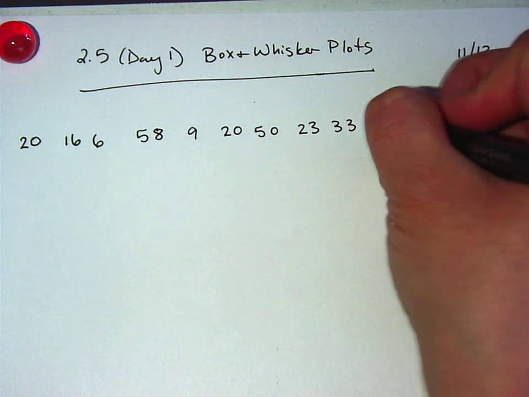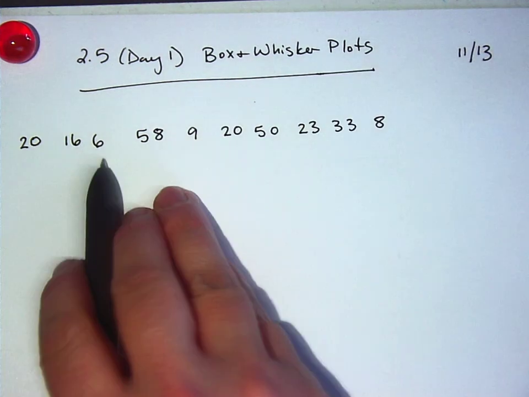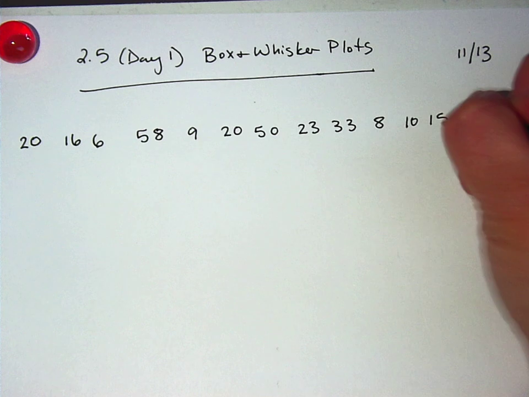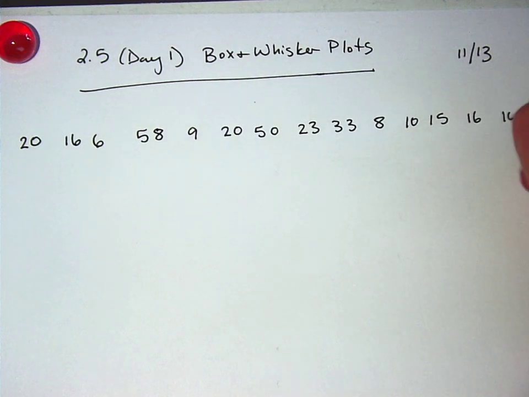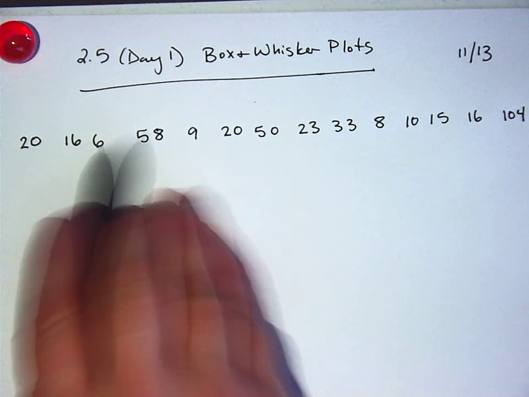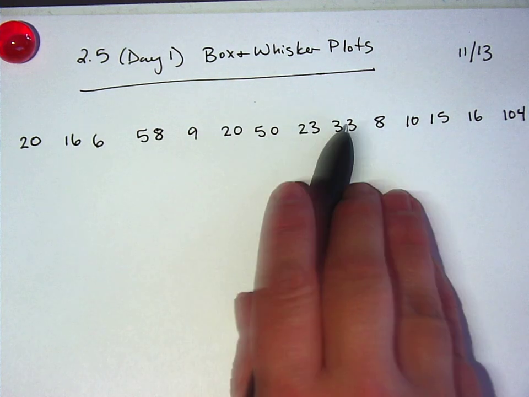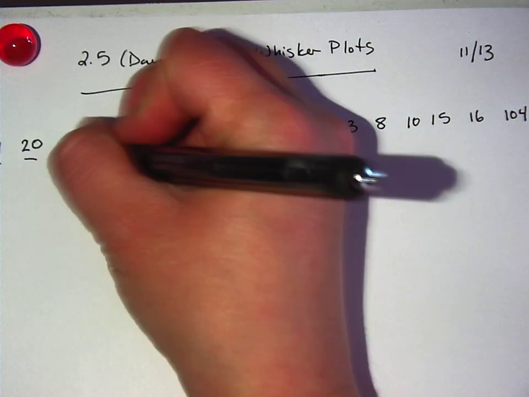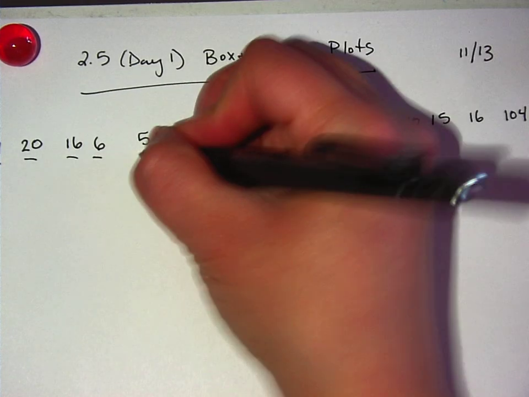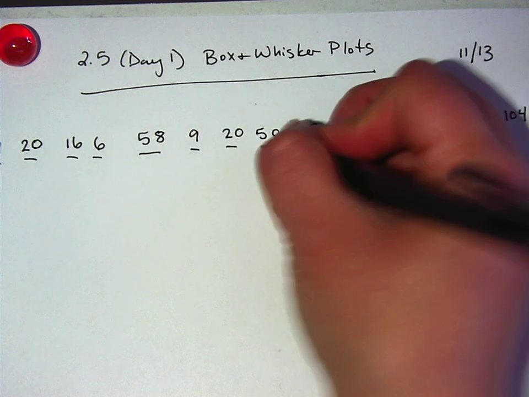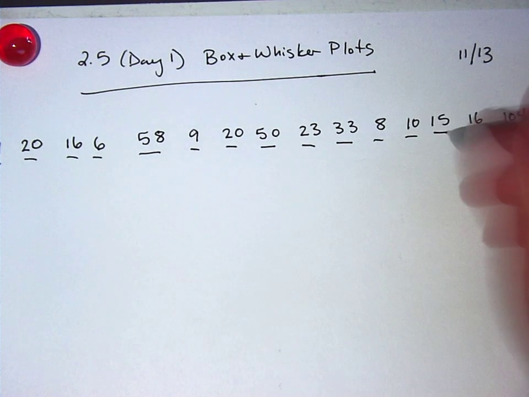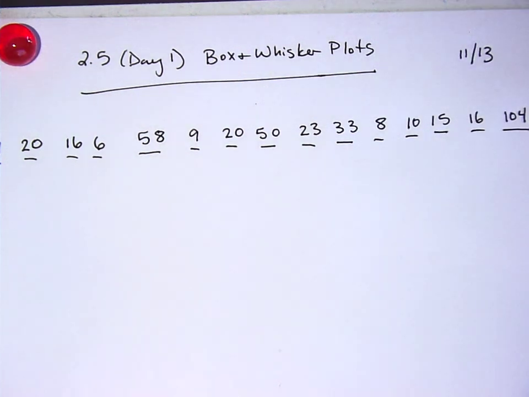So the data is: 7, 20, 16, 6, 58, 9, 20, 50, 23, 33, 8, 10, 15, 16, and 104.